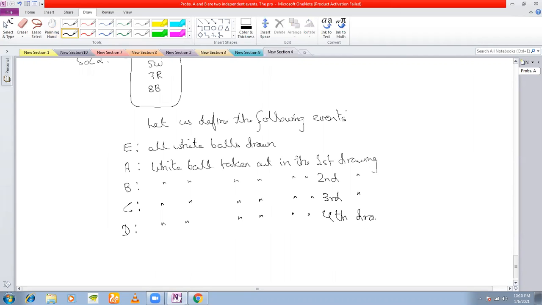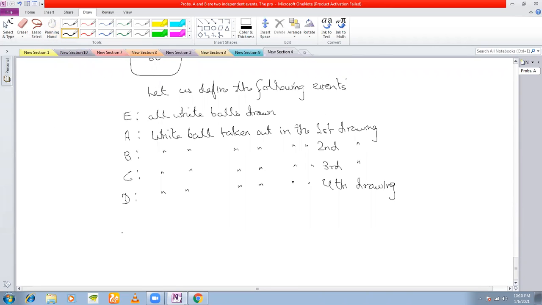So what is your E? E is white ball in the first drawing and white ball in the second drawing and white ball in the third drawing and white ball in the fourth drawing.